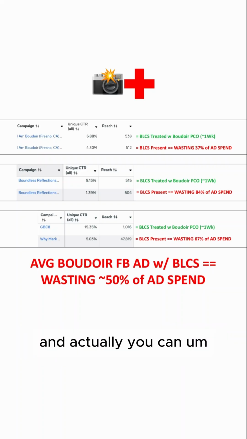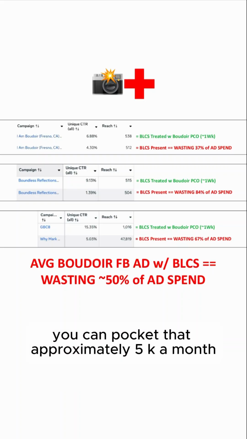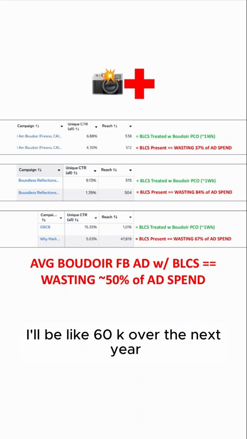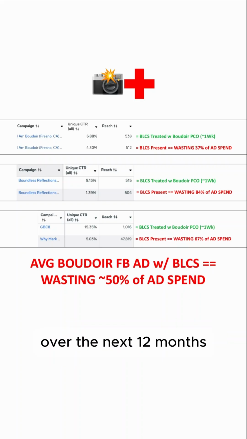And you can pocket that approximately 5K a month that's no longer wasted spend. That'd be like 60K over the next 12 months.